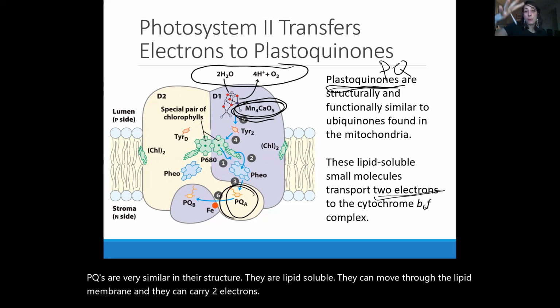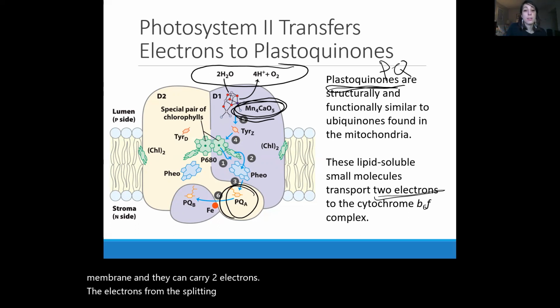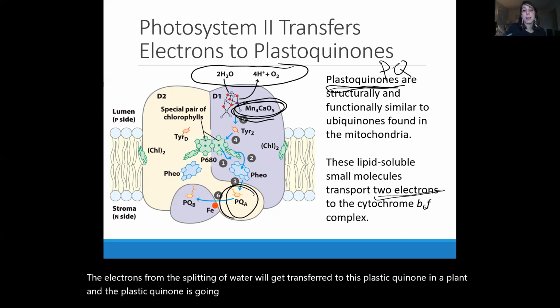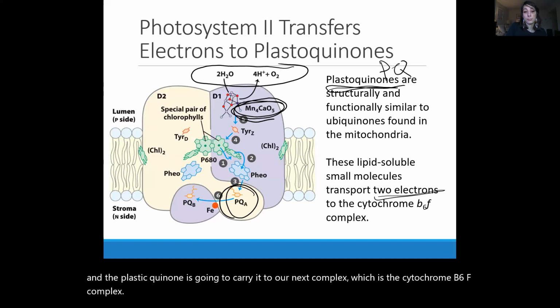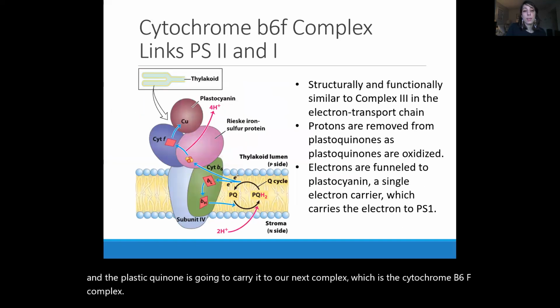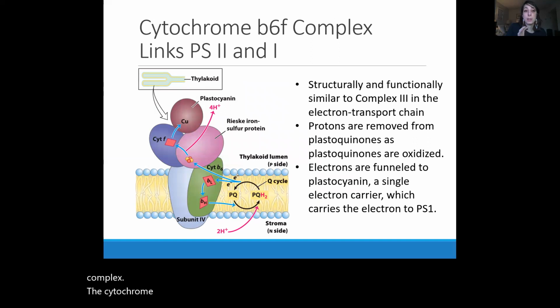The electrons from the splitting of water will get transferred to this plastiquinone in a plant, and the plastiquinone is going to carry it to our next complex, which is the cytochrome B6F complex. The cytochrome complex in plants is analogous to our cytochrome C complex, or complex 3, which is in animals.